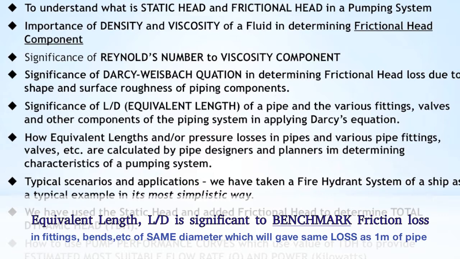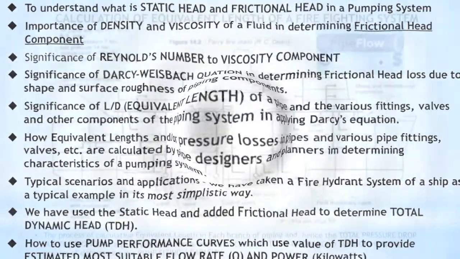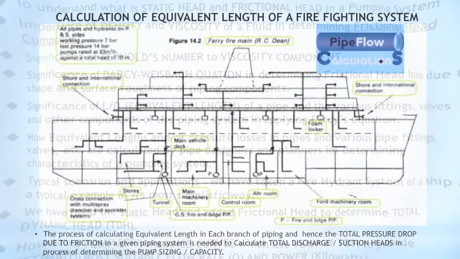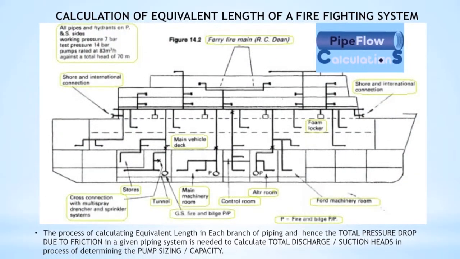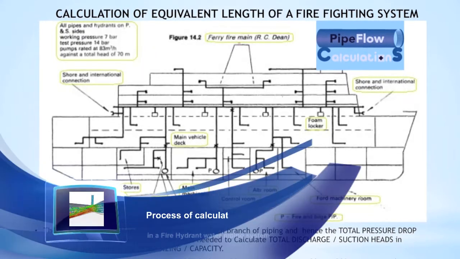Let's take this firefighting system we have in front of you, and you can see there are 3 pumps at the bottom of the ship, and these pumps are pumping water to different branches. You can see that some of this water is going into the tanks within the pump room.